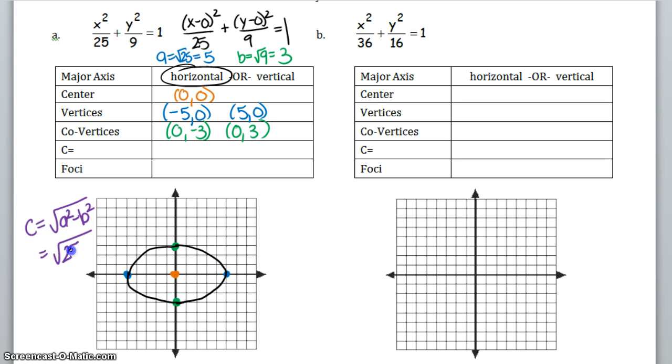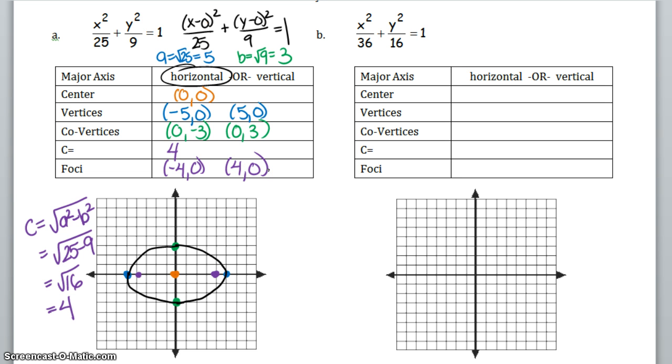So here, that's the square root of 25 minus 9, which is the square root of 16, and simplified down to 4. So what I need to do is go from my center 4 units in the direction of the major axis, which here is going to be horizontal, left and right. And then again, I just name those ordered pairs in my chart.